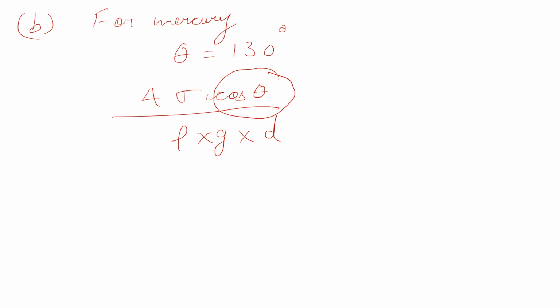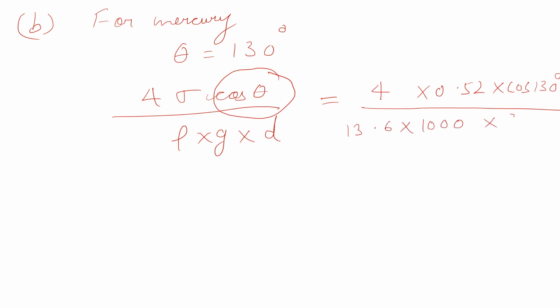Here we will put all the values in this expression and we will get 4 multiplied by 0.52 multiplied by cos 130 degrees, divided by the density of mercury that we found, 13.6 into 1000, multiplied by 9.81, that is acceleration due to gravity, and 2.5 into 10 raised to power minus 3, that is our diameter.